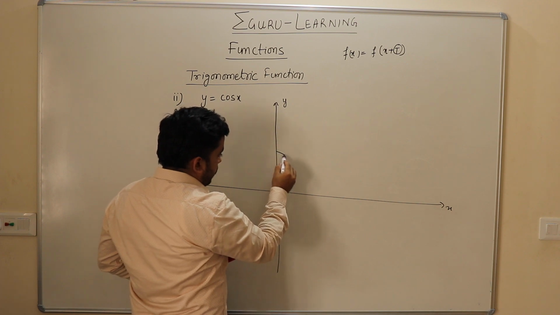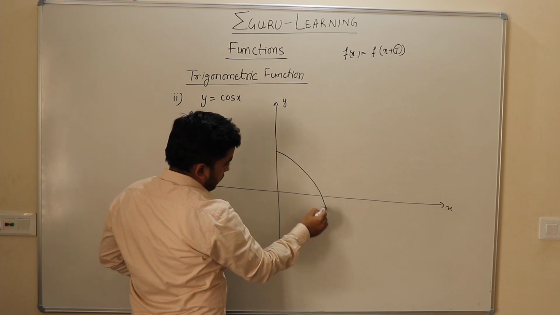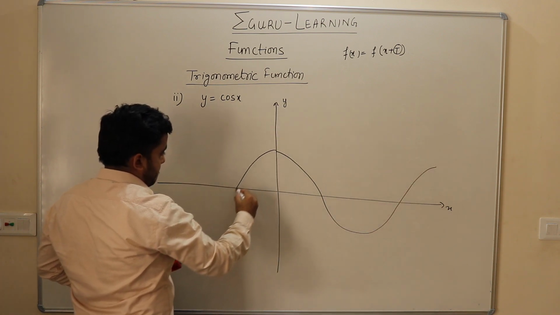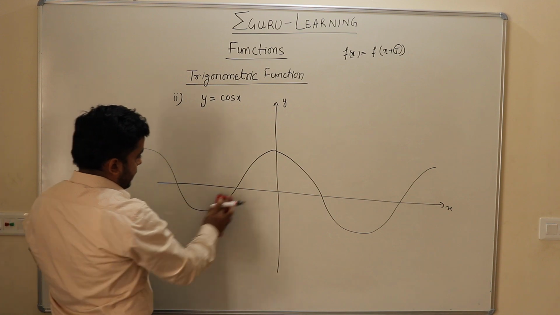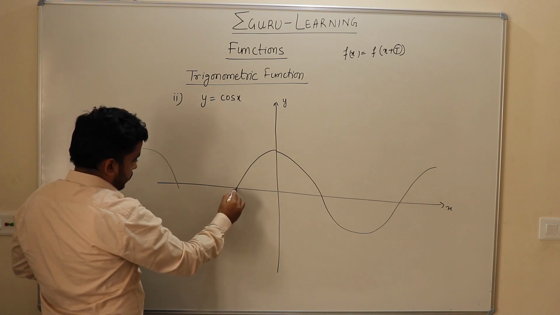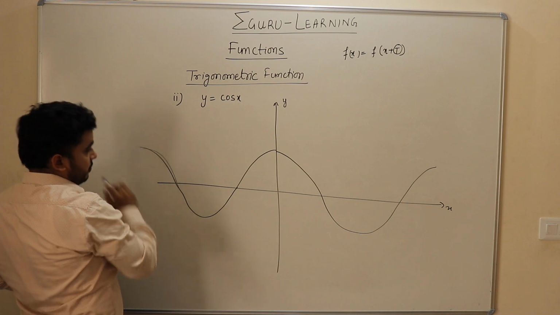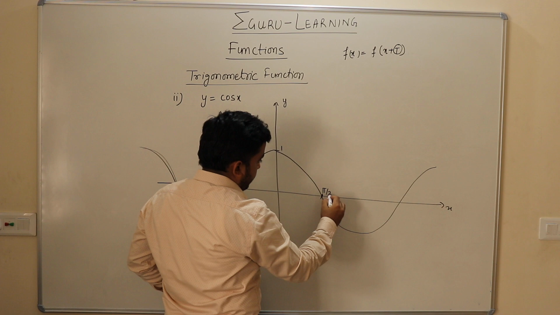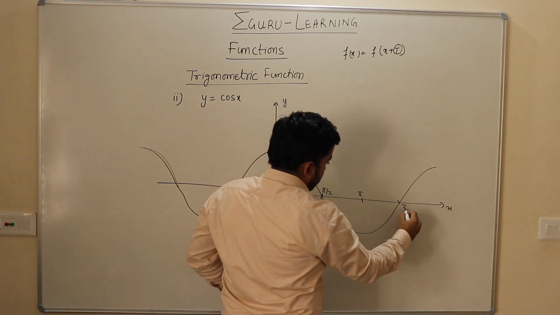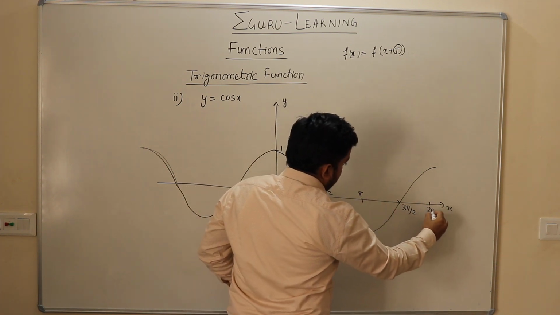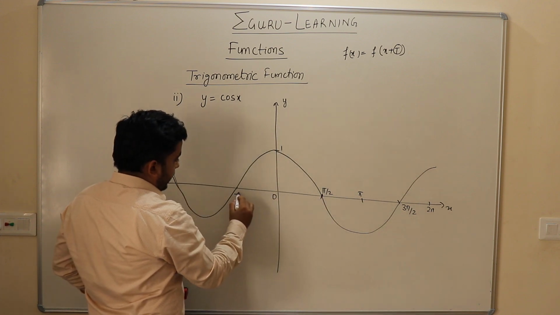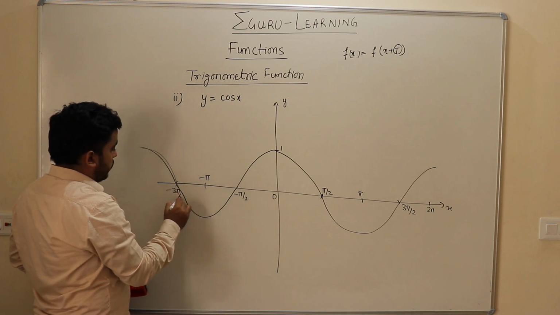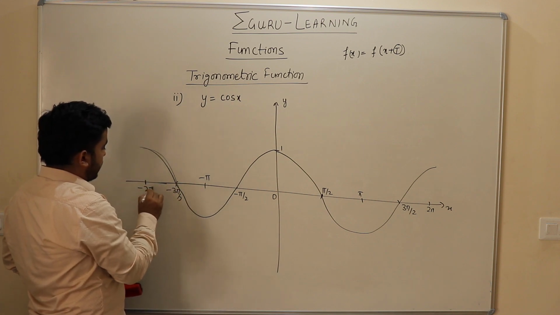So this graph goes from here and should take values like this. This value is plus 1. This is at x equals pi by 2, this is pi, this is 3 pi by 2, and this is 2 pi. This will be 0, minus pi by 2, minus pi, minus 3 pi by 2, and this will be the region minus 2 pi.